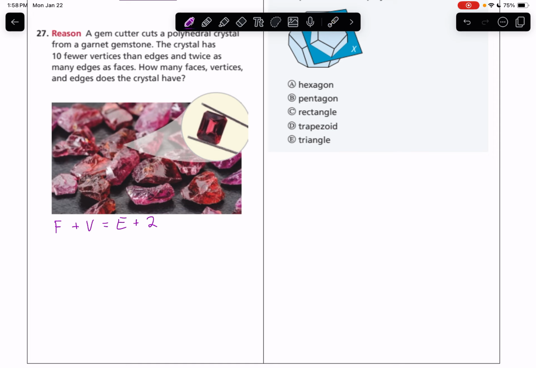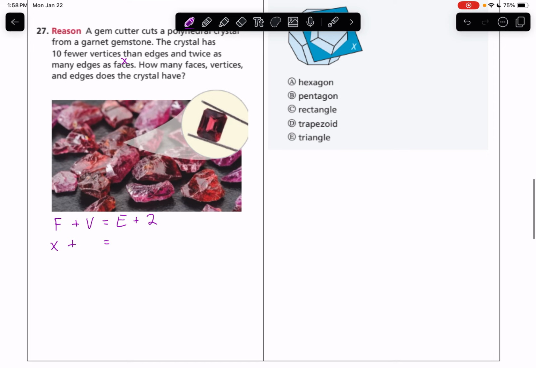So faces is the original, so that will be our x. Plus, and it says twice as many edges as faces. So the edge number is 2 times the number of faces. Whoops, I guess I will use x for that amount as well. And the vertices are 10 fewer than the edges. So if the edges are 2x, the vertices are 2x minus 10. And of course, we have the plus 2 from the formula. So we simplify 3x minus 10 equals 2x plus 2 and just solve.